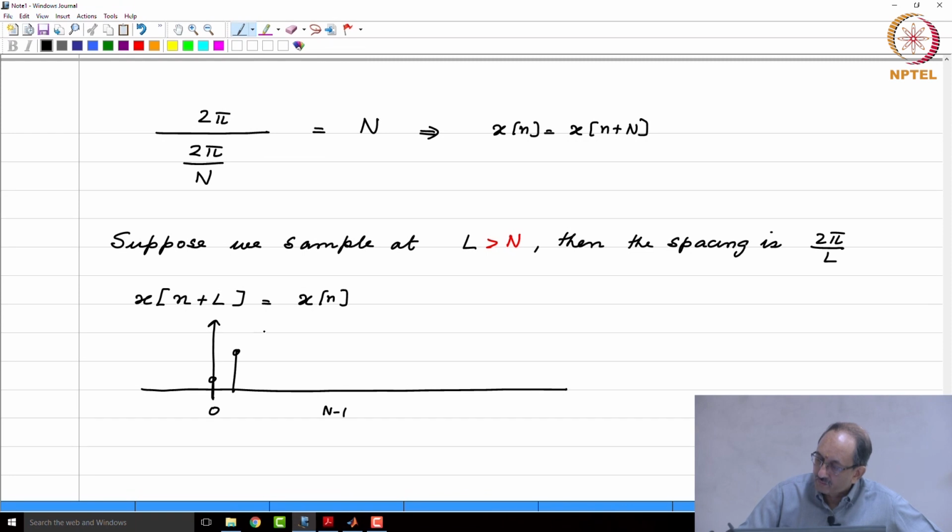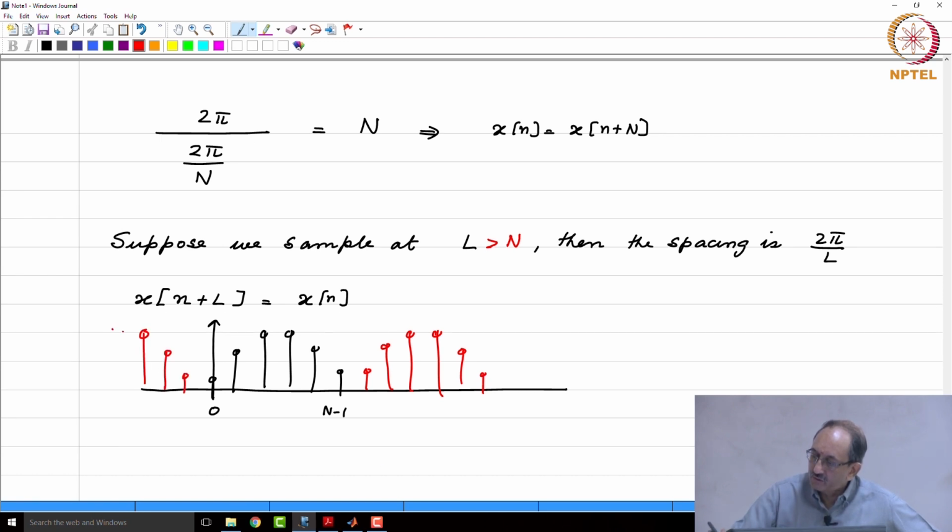Suppose I have this as my sequence. If I sample it at exactly n points, then what I will do is I will repeat this, and I will repeat this like this, and similarly I will cause repetition on this side because I am going to repeat periodically on both sides. So this is what my repetition will look.